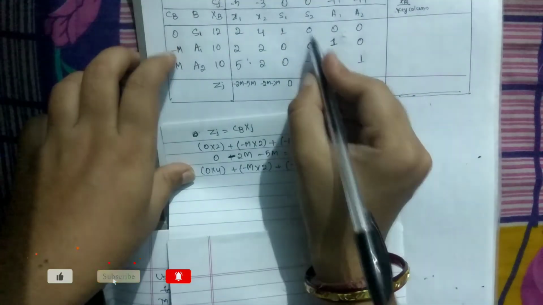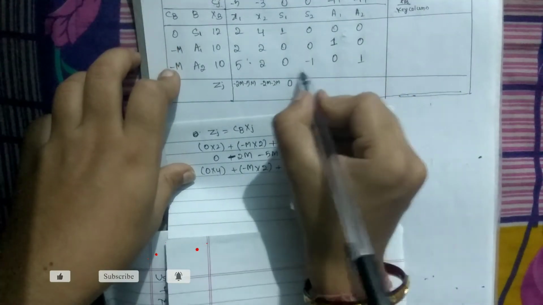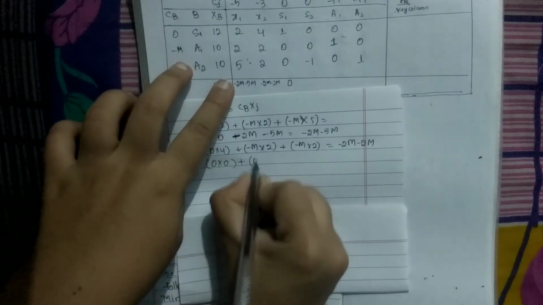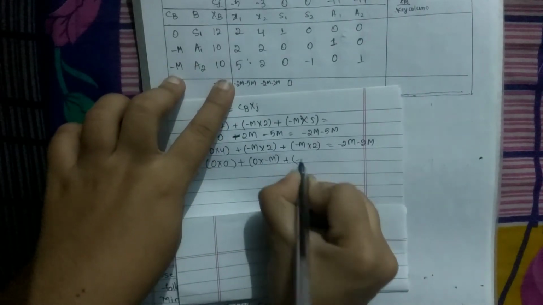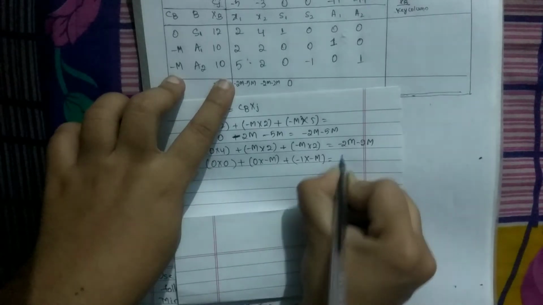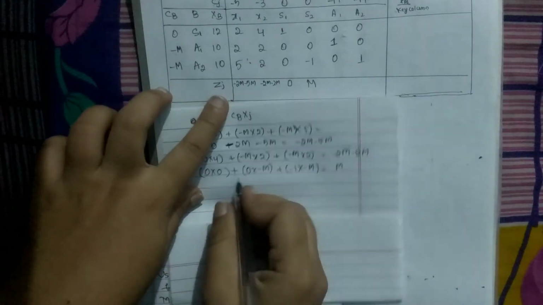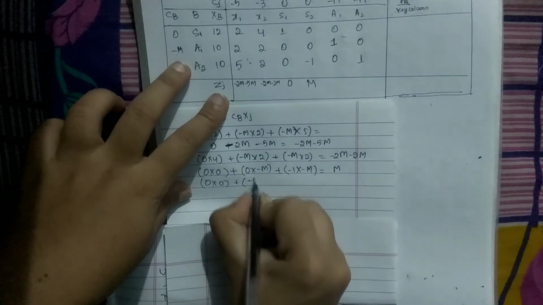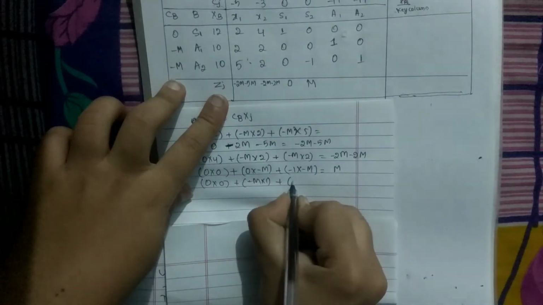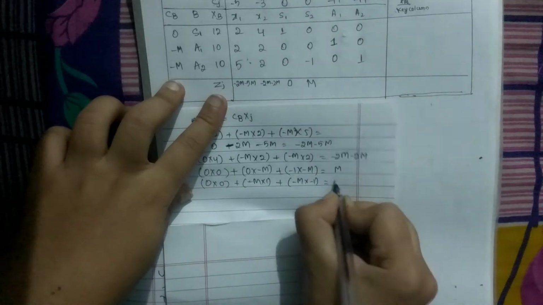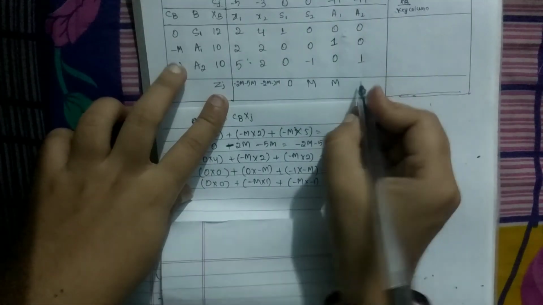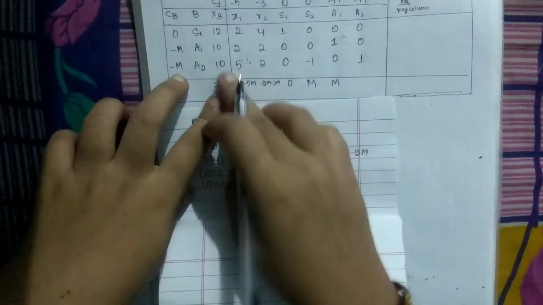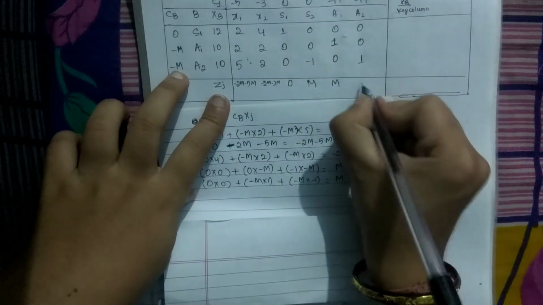Then 0 into 0 plus 0 into minus M is 0, plus minus 1 into minus M becomes plus M. Next, 0 into 0 plus minus M into 1 plus minus M into 0 becomes minus M.